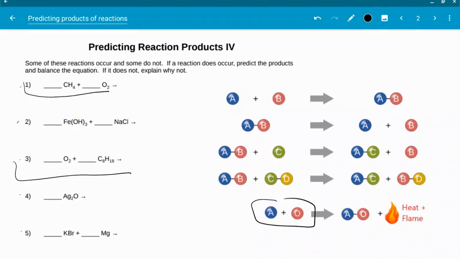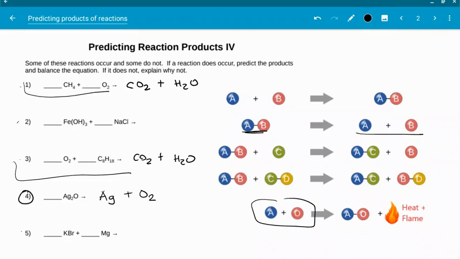So in both cases, because there would be combustion, we are going to assume complete combustion and say that the products are going to be carbon dioxide and water. Now then we have, for instance, in problem number 4, one single reactant, which would be the separation of the parts. In this case, silver and oxygen gas, right?